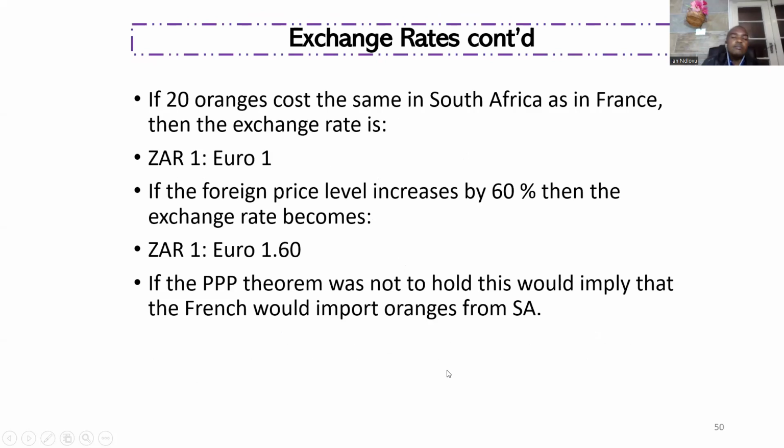And then if 20 oranges cost the same in South Africa as in France, then the exchange rate is 1 rand to 1 euro, provided the only determinant of the exchange rate is the trading of these oranges.